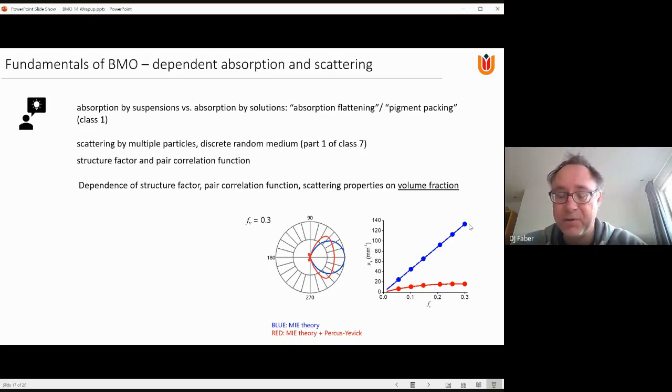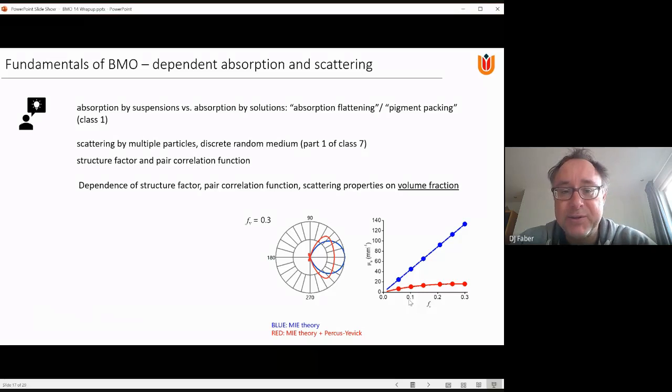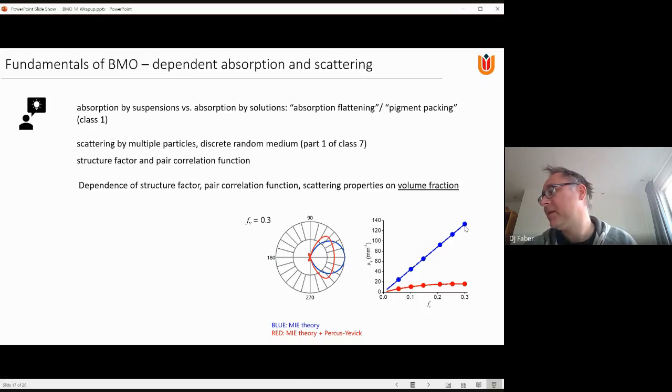So if you double the number of particles, then it appears that the scattering coefficient also doubles. But in effect, because these structure factors and pair correlation functions depend on the volume fraction, the increase is going to be sublinear, and we end up with a scattering coefficient that is actually much lower than what we would expect if it is not there.